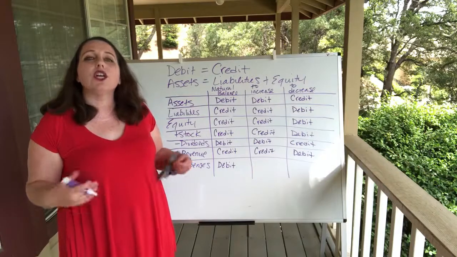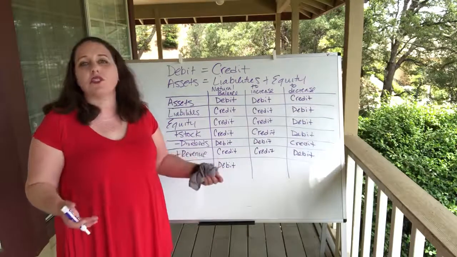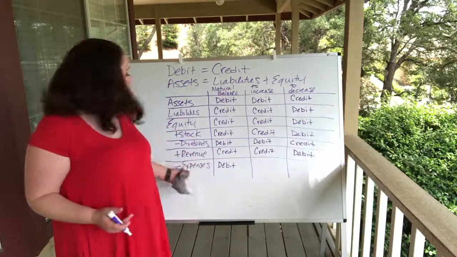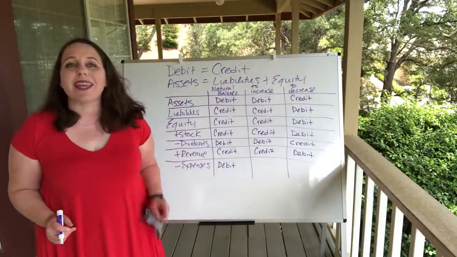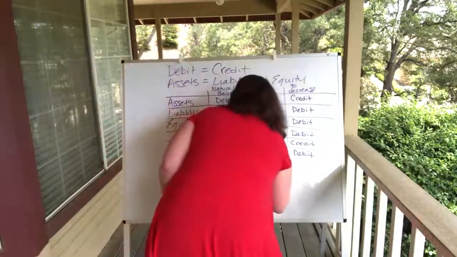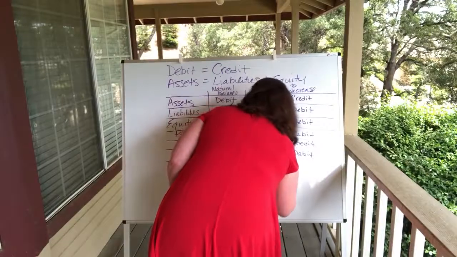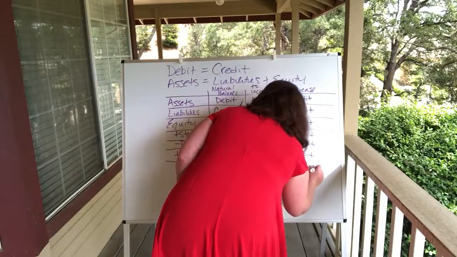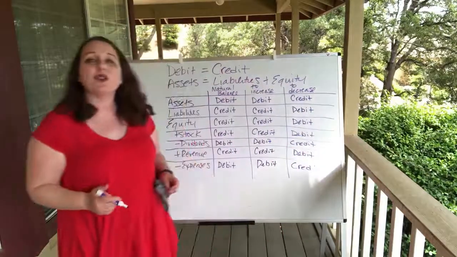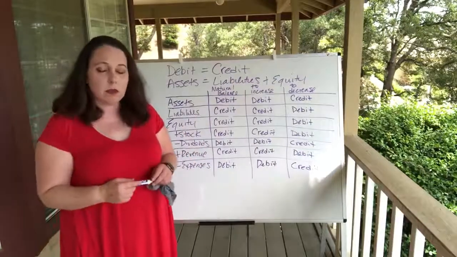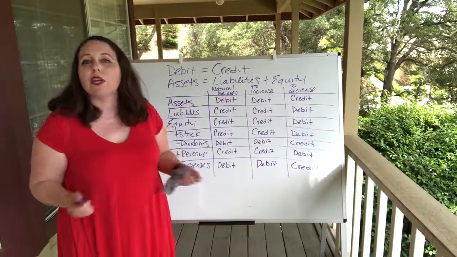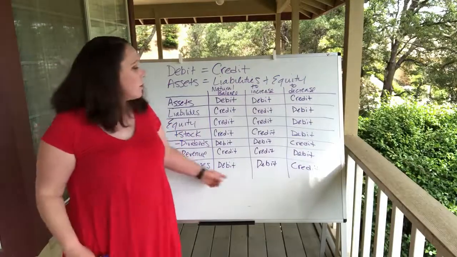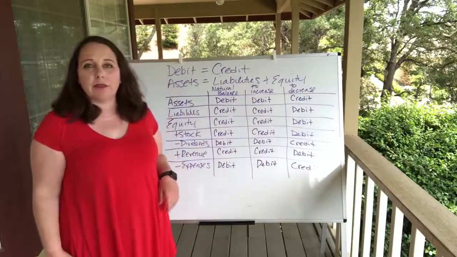So if we incur more expenses, we pay additional rent, we pay our employees, we're going to do that with a debit. And if we decrease expenses, maybe we get a refund for something, then we will do that with a credit.